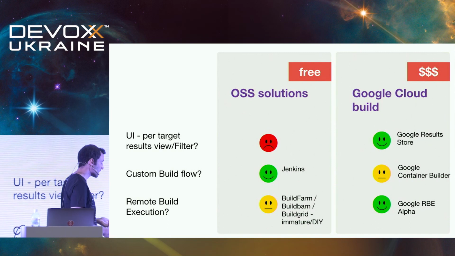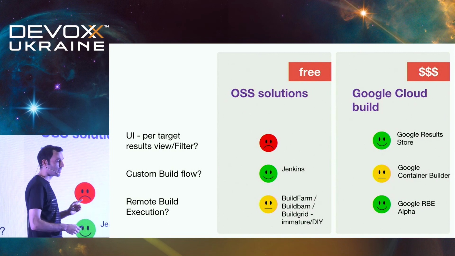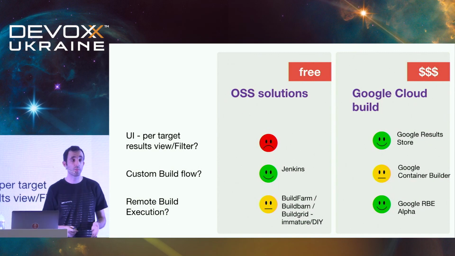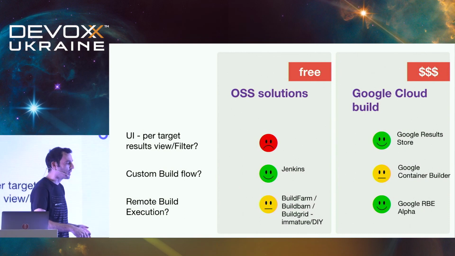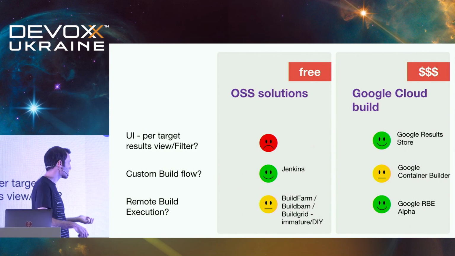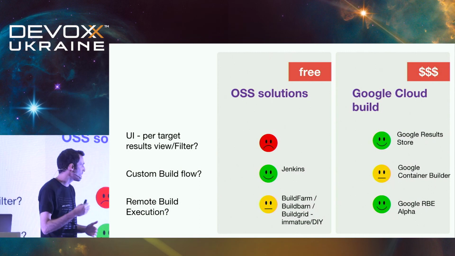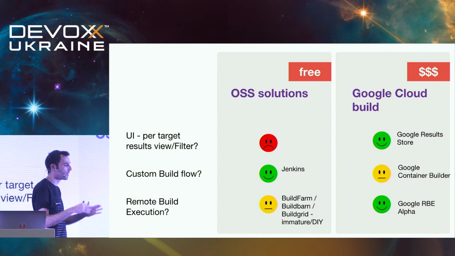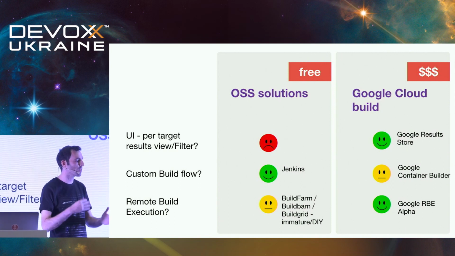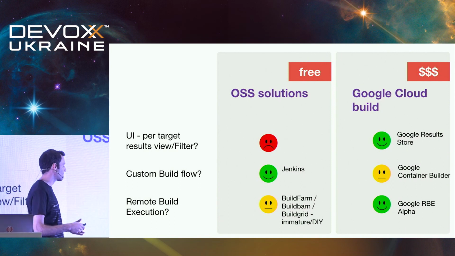Now, what about remote build execution? So there are a few libraries that enable you to do it yourself and run your build farm or build barn where you have your workers on-premise or in the cloud and run it yourself.